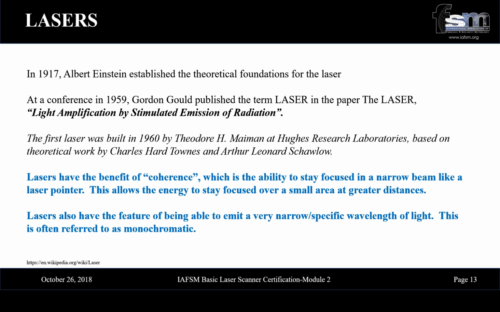Now, there's two features of lasers that are very important and that make them somewhat unique. The first is that lasers have something called coherence, and the coherence is really about the fact that they can stay focused in a very narrow beam, just like a laser pointer. And this allows the energy to be focused over great distances.